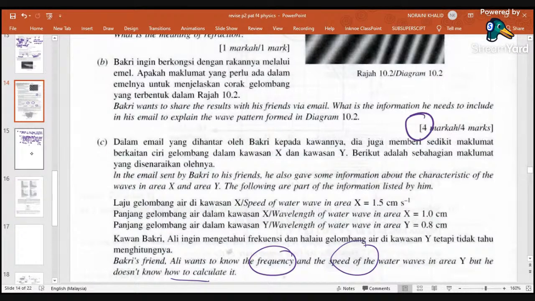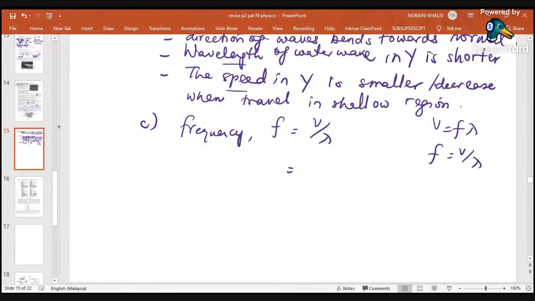So frequency in the deep region is equal to frequency in the shallow region, because the wave is coming from the same source, frequency is constant, no change in frequency. So to calculate frequency in region Y, we can use region X's value because they are the same.